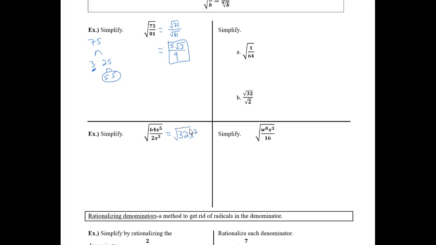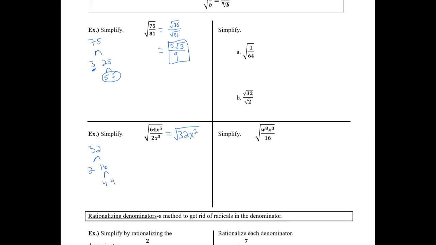And I have not used that square root yet. All I've done is simplify this rational expression to 32x squared. And now actually I don't have a denominator at all because it divided evenly. And like with all our other radicals, we need to simplify what's left. So 32 is the same thing as 2 times 16, which 16 is a perfect square.